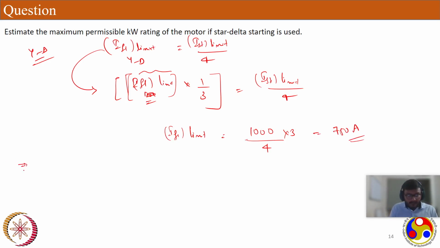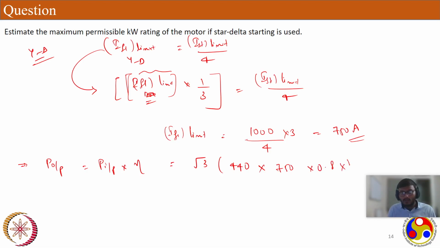Now for this, if we calculate the P output, it is P input into efficiency, and root 3 into 440 multiplied by 750, root 3 VL IL cos phi into efficiency, which is 0.8.